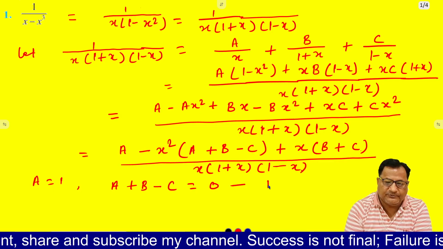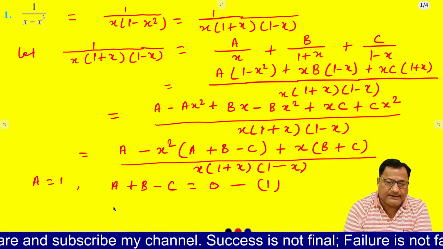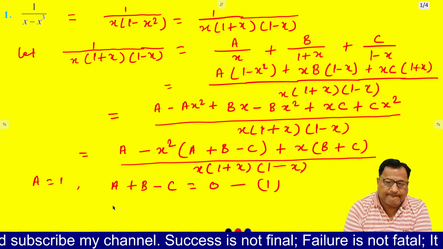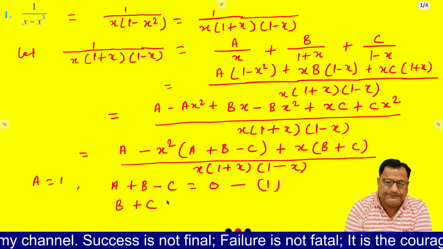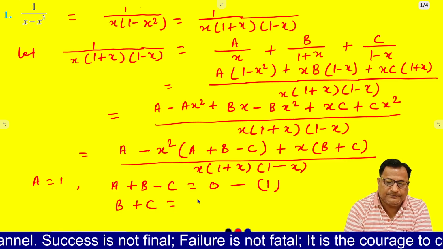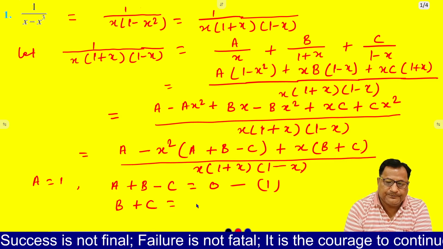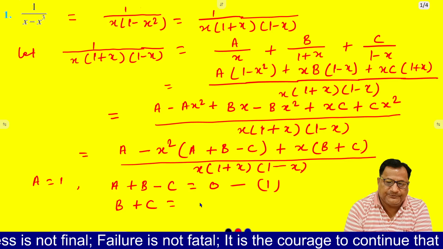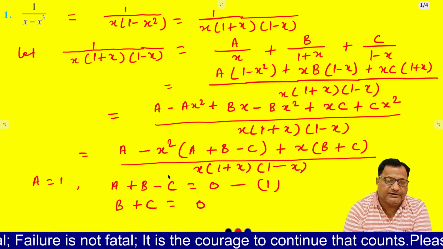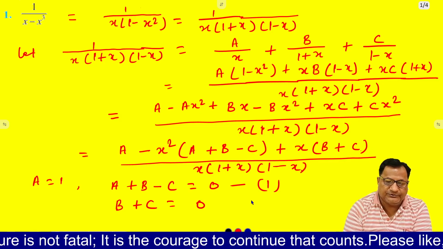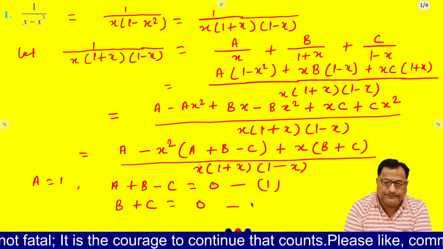This we can call equation 1. And b plus c is equal to 0, because there is no x coefficient here, so 0. This is equation 2.